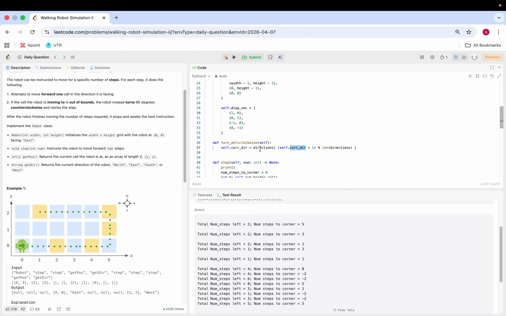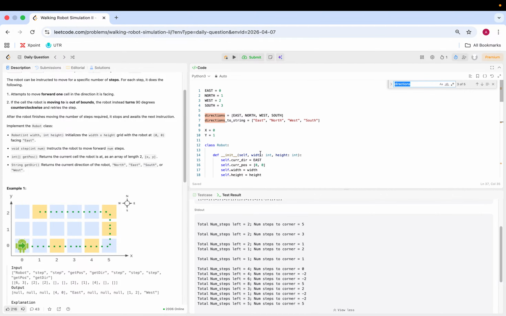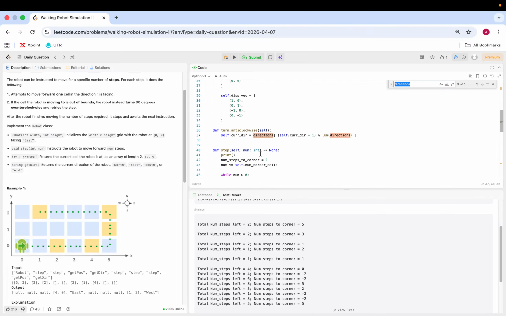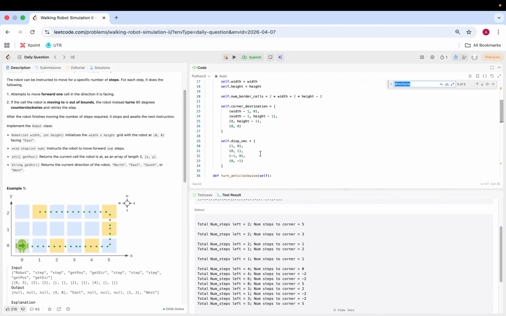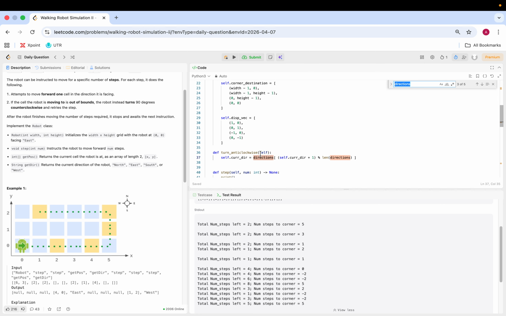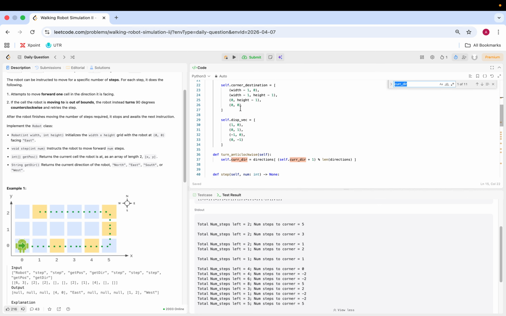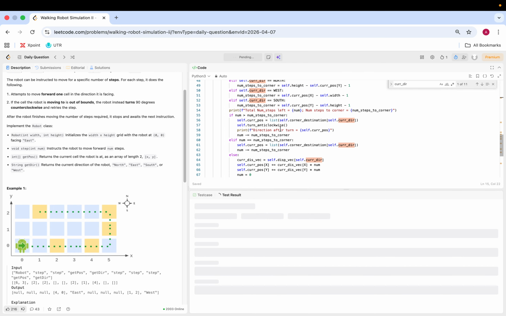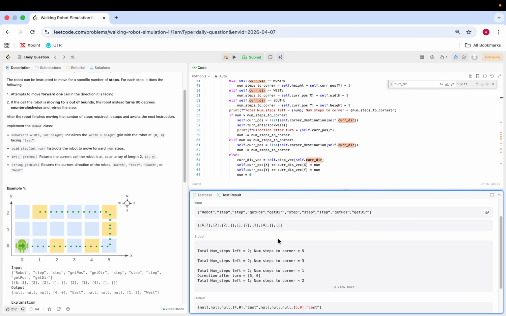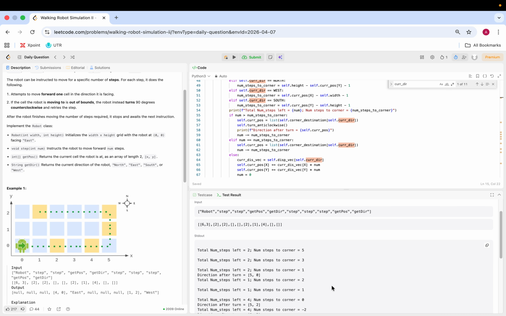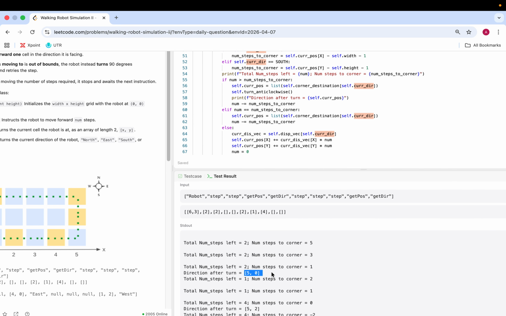Looks pretty good, I mean. Yeah. Hang on, let me just run the print statement. Whoa, what?